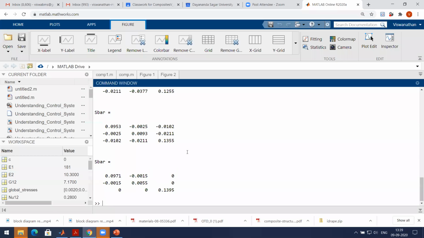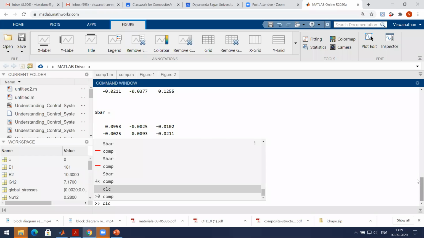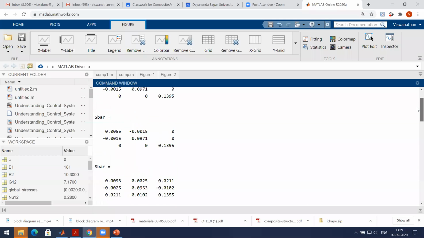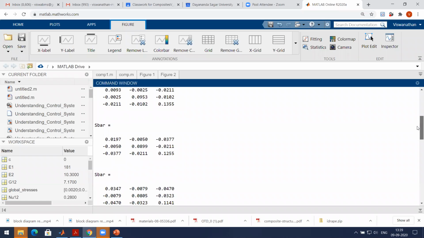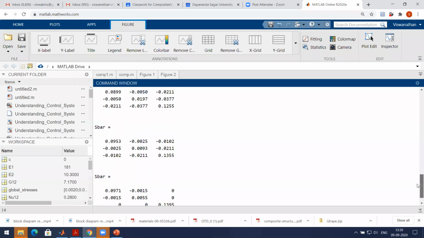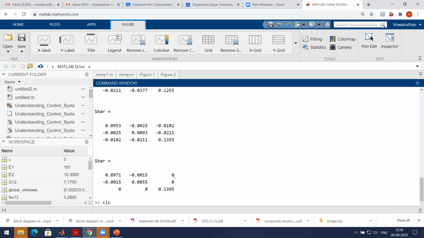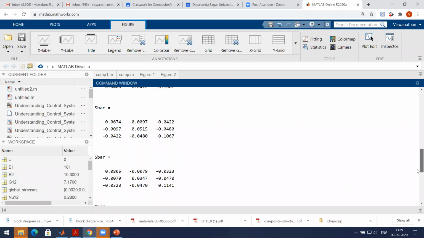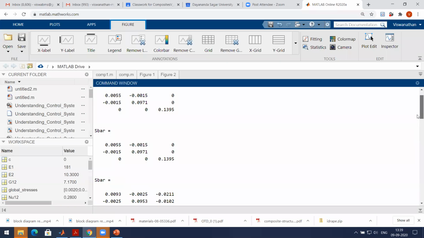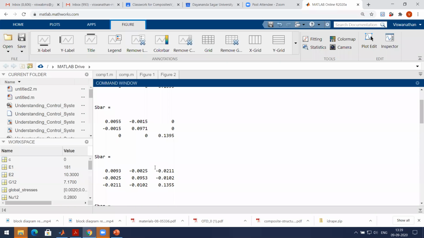But when you look at the 10 degree, this is 10 degree, 20, 30, 40, 50, 60, 70, 80. And then 90 degree again has this 0, 0, 0, 0. Okay, but other angles, 10 to 80, doesn't have that 0. Okay, these are non-zero.